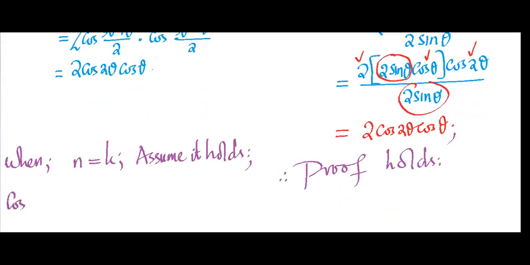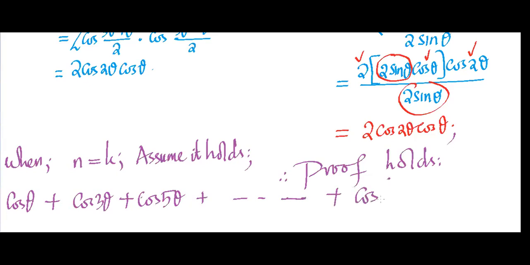So the series will be cos theta plus cos 3 theta plus cos 5 theta plus, and move up to when the nth term is changed from n to k, and the sum becomes sine of 2k theta divided by 2 sine theta.